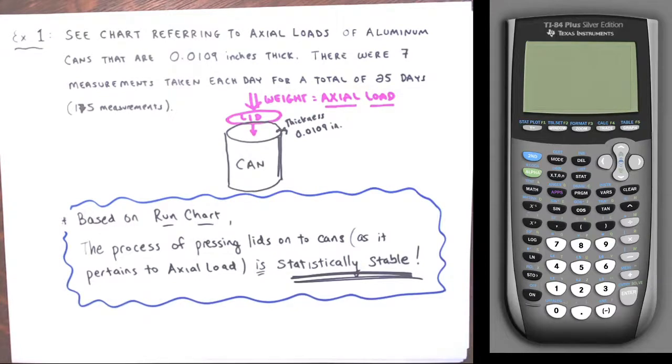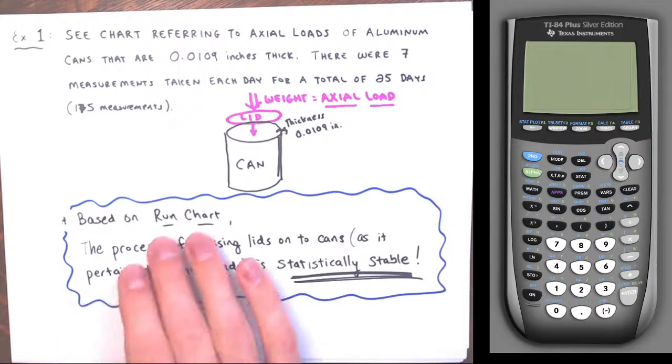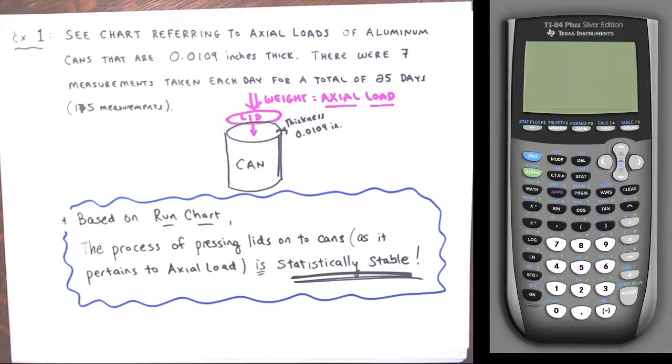Okay. All right. So now, that was an example involving a run chart where I labeled every individual can. In a run chart, you're labeling every individual piece of data.